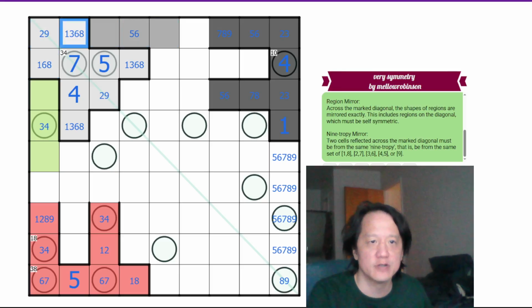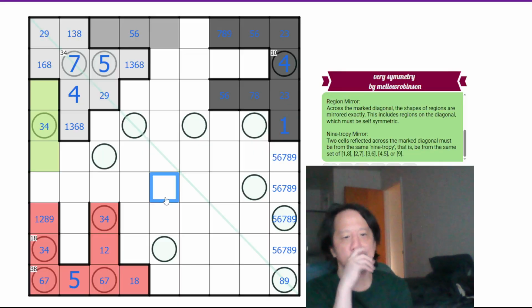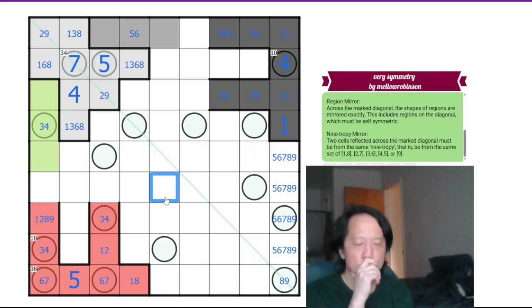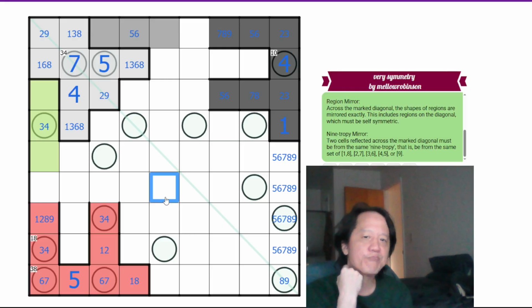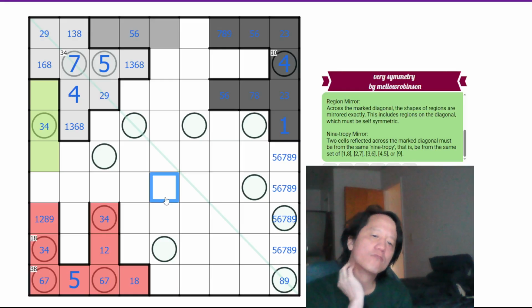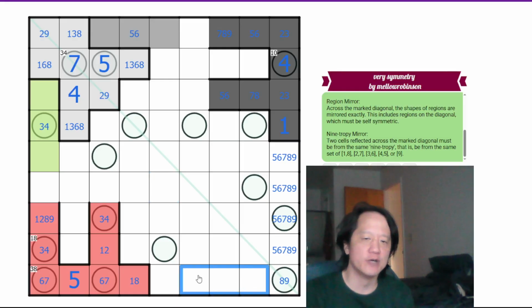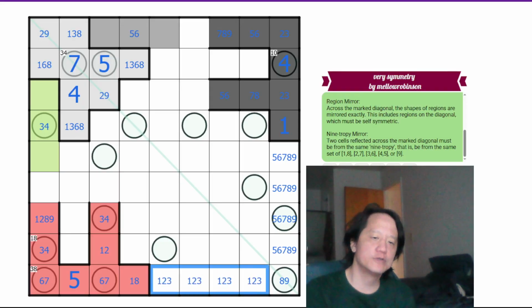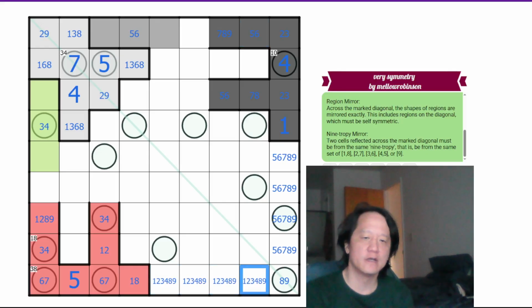This 5, 6 pair eliminates 5 and 6 in the rest of the column, so no 6 there. Remaining digits of row 9 are 1, 2, 3, 4, 8, and 9.